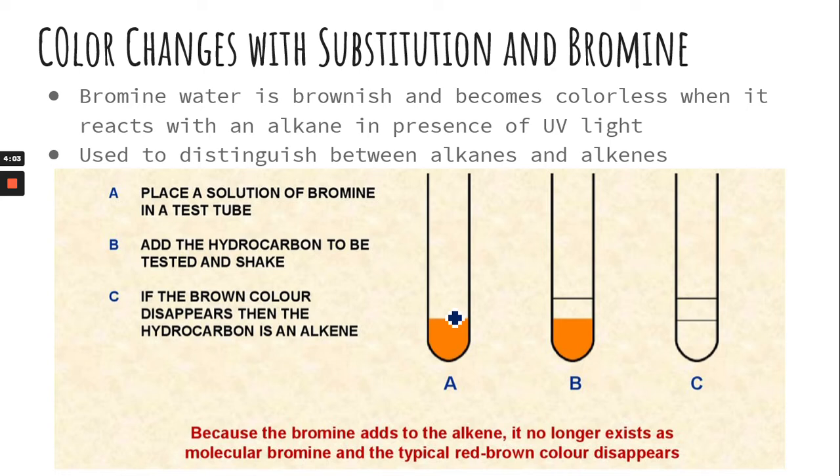We can use this to distinguish whether or not we have an alkane or an alkene. So you put the hydrocarbon, you shake it up so it reacts. If there's the presence of UV light, then we'll have that substitution with the alkane, and we'll get that clear solution again, because all of the bromine is now turned into bromine radicals and then is substituting out that hydrogen.